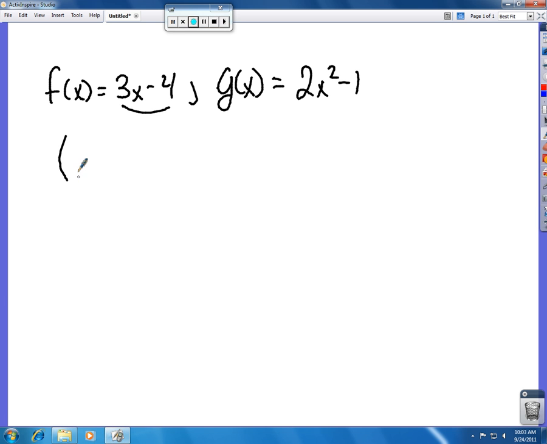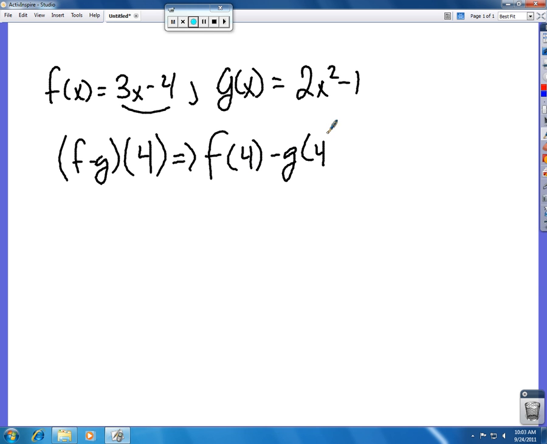So now we did addition, let's do subtraction. Let's not make it 0, let's do something a little more challenging, an actual constant. Let's do 4. So again, you can break this down as f of 4 minus g of 4. And we'll come down here and do the legwork for each one of the functions.